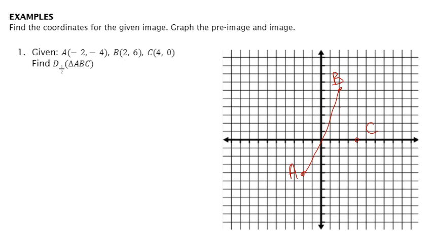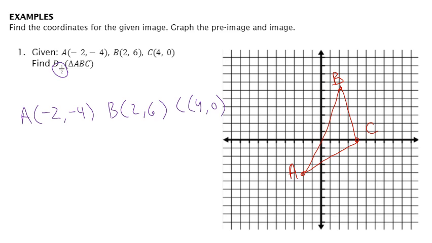So if I connect it, I got something like this. And the dilation is for a scale factor of 1/2. So if I take these points, I have A, -2, 4, B, 2, 6, C, 4, 0. I'm now going to multiply all of these by 1/2, which is actually the same as dividing by 2.